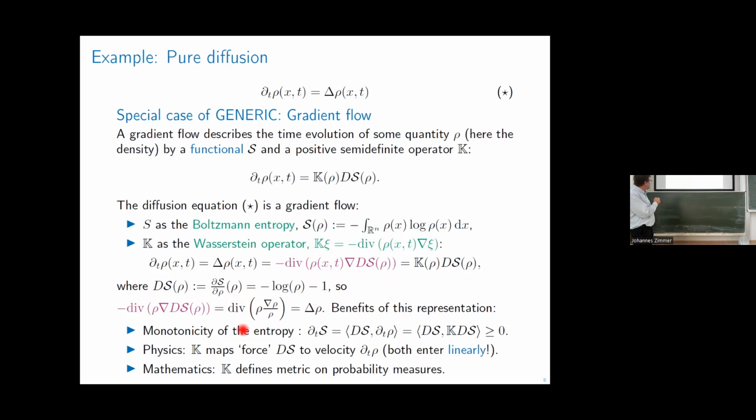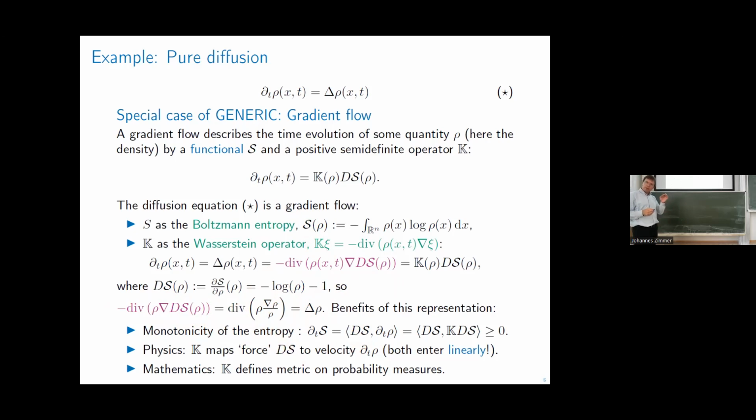Since dS was the variational derivative of the entropy, minus log rho minus 1. So I take the operator, I plug dS in, I get rho as the prefactor, then differentiating the logarithm is 1 over rho, and then by the chain rule the gradient. So in total I get the Laplacian since these two rhos cancel.